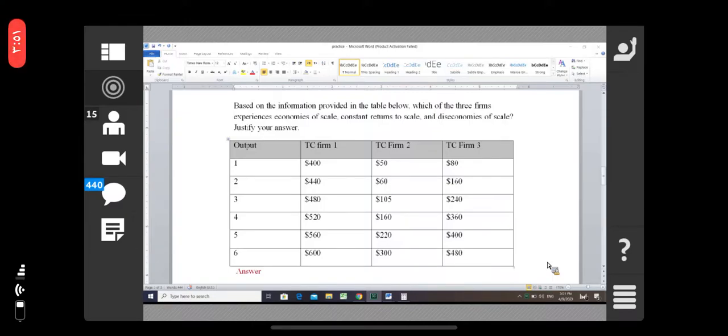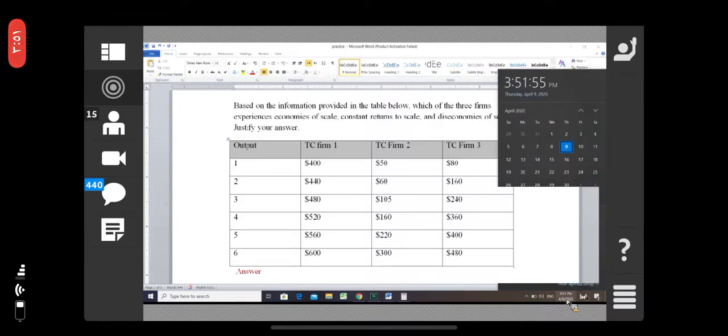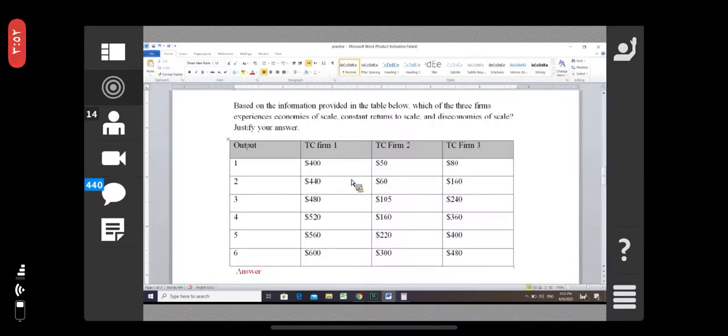Okay, this is the last question, so I tell you briefly what will happen until we meet, inshallah, after 2 weeks. Based on the information provided in the table below, this is for chapter 6: which of the three firms experiences economies of scale, constant returns to scale, and diseconomies of scale?